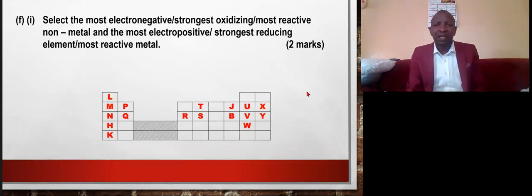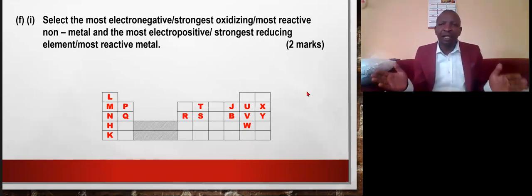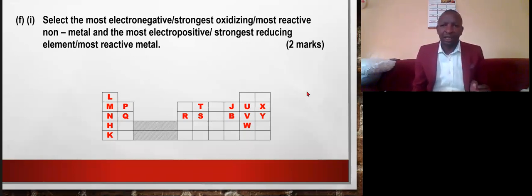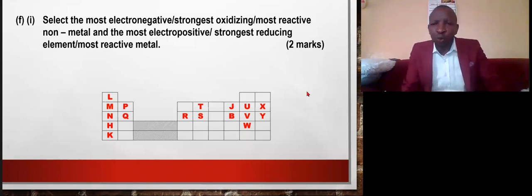So when you're trying to pick the stronger reducing agent, the most electropositive, or the most reactive metal, you are looking at the metal that can easily lose electrons. And how do you know the metal with the highest tendency to lose electrons? That metal must have the largest atomic radius and the least number of electrons to be lost. And that automatically tells you to be what?